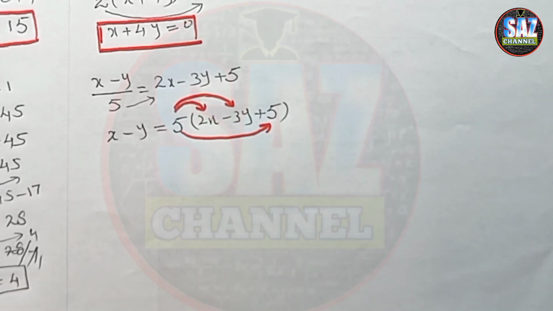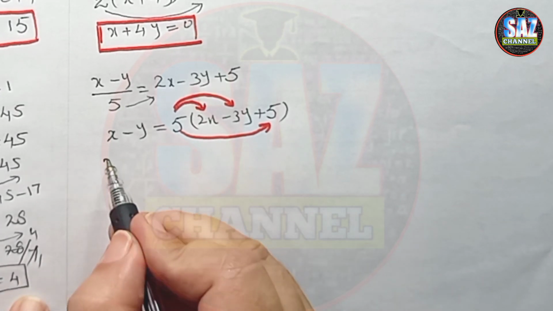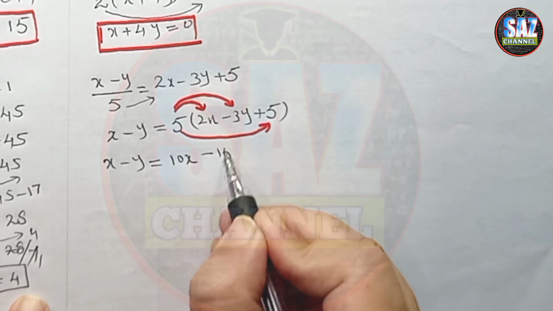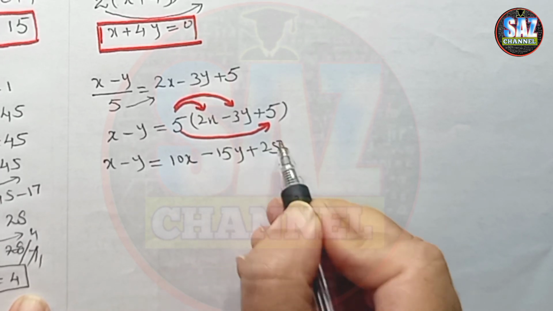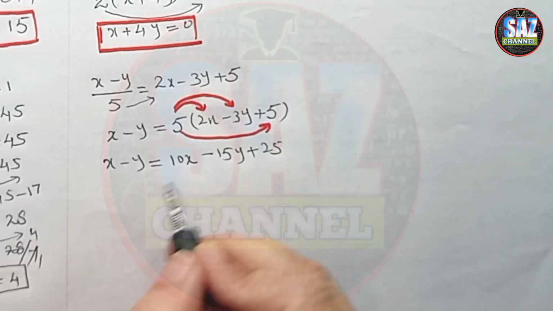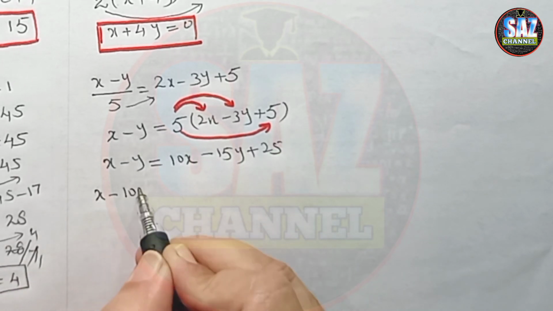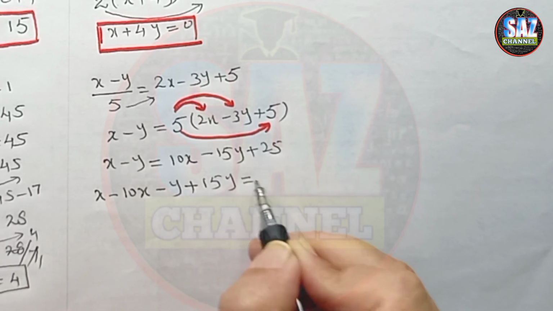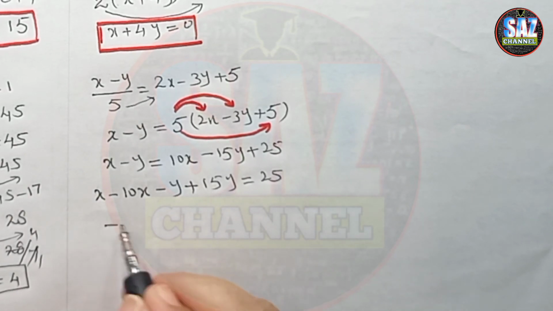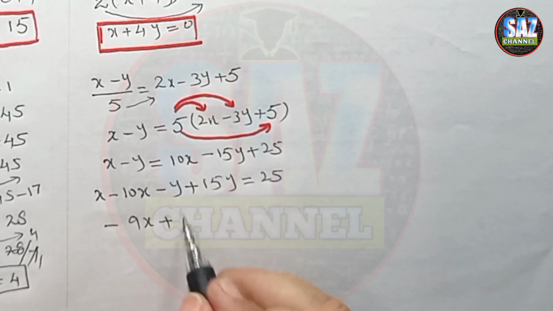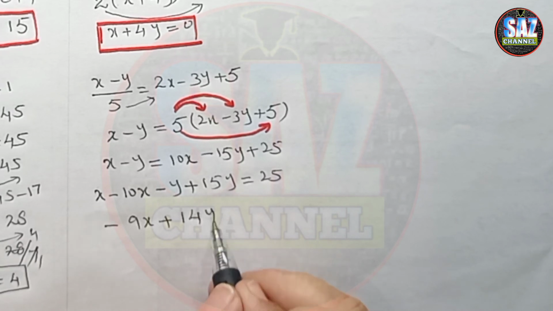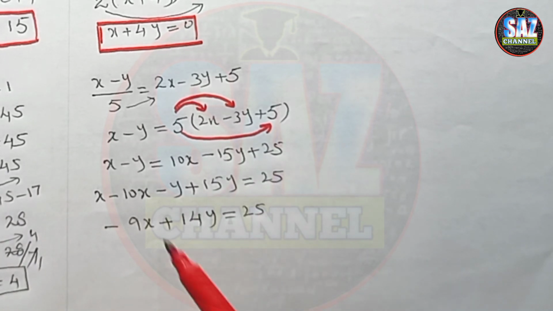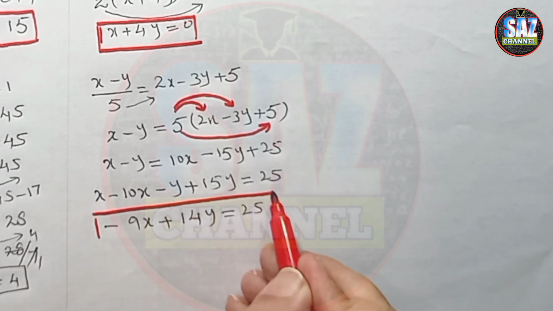The equation will take the form x minus y equals 10x minus 15y plus 25. Now bring like terms to the same side: x minus 10x minus y plus 15y equals 25. This is minus 9x plus 14y equals 25.